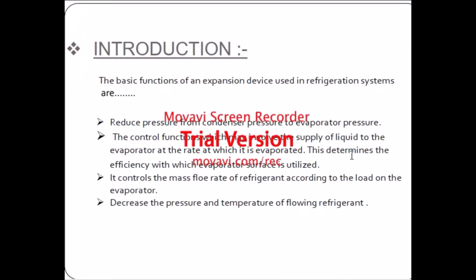The control function may involve the supply of liquid to the evaporator at the rate at which it is evaporated. This determines the efficiency with which the evaporator surface is utilized. We should control the volume of refrigerant supplied.